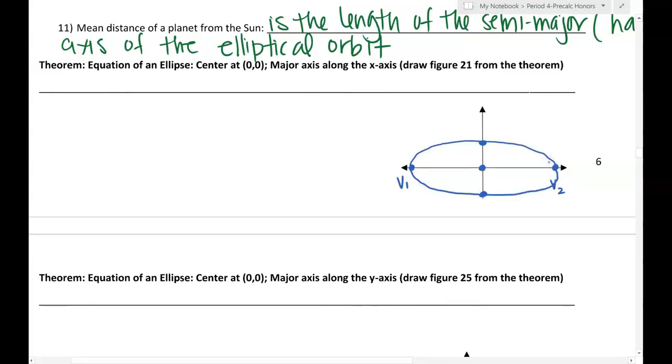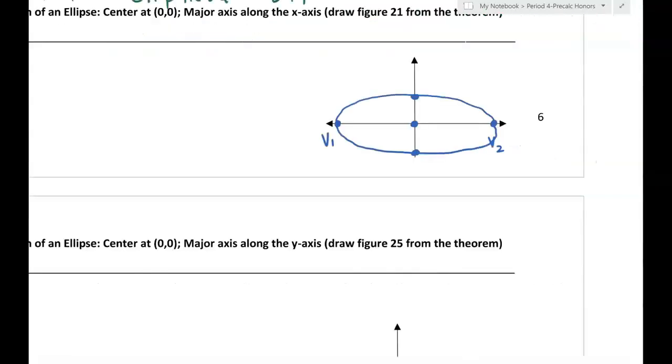Now from your activity, you guys by now should know a couple of things. You guys should know, and again, not to scale here, okay? That the foci should be on the x-axis as well, since the vertices are on the x-axis.